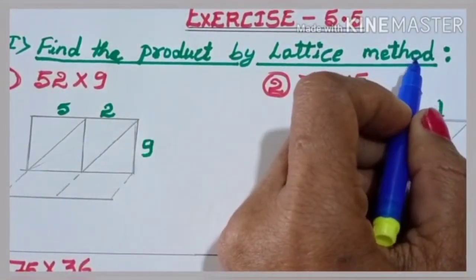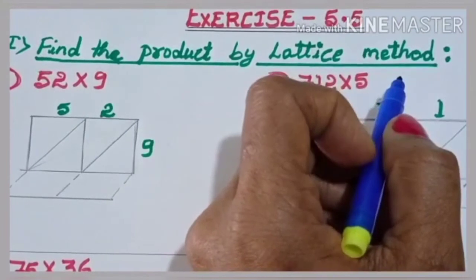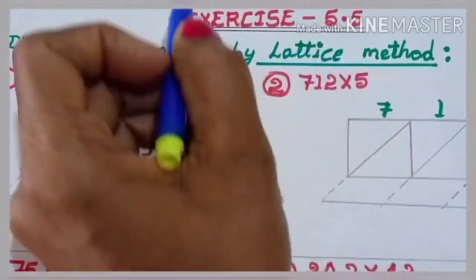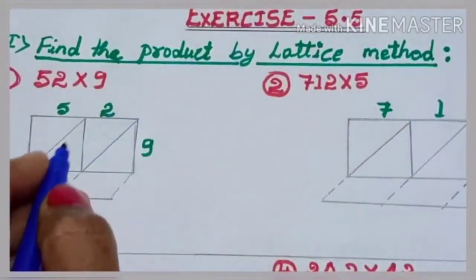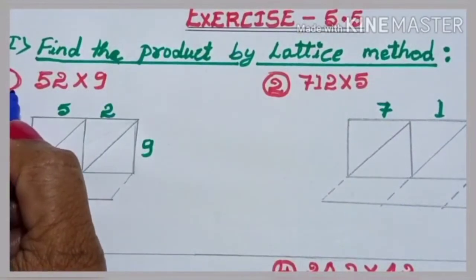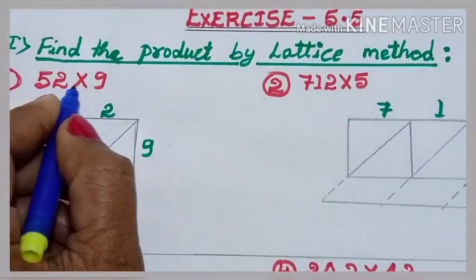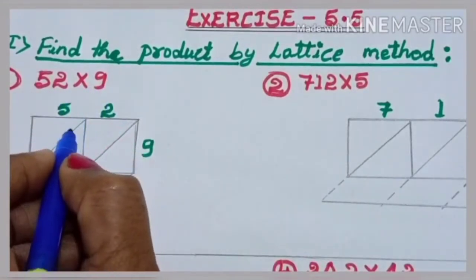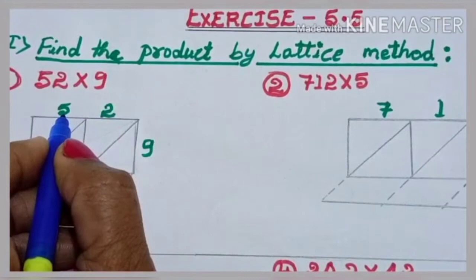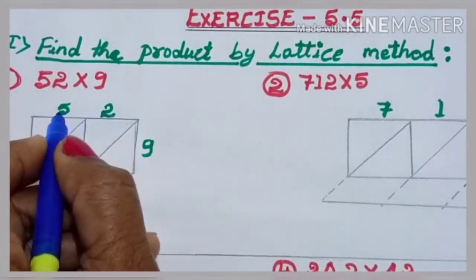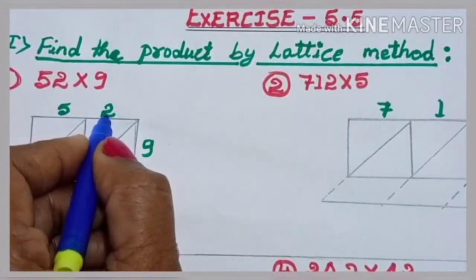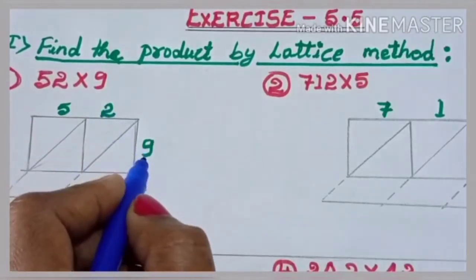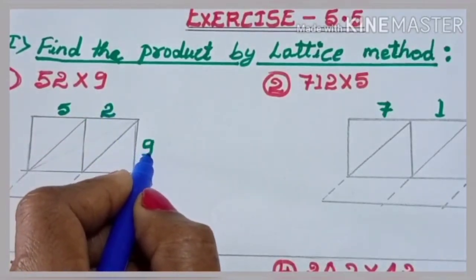First, find the product by the lattice method. You already know how to solve by the lattice method. Now, first question, 52 multiplied by 9. So write the multiplicand above the box, 52, and write the multiplier on the right side of the box, 9.